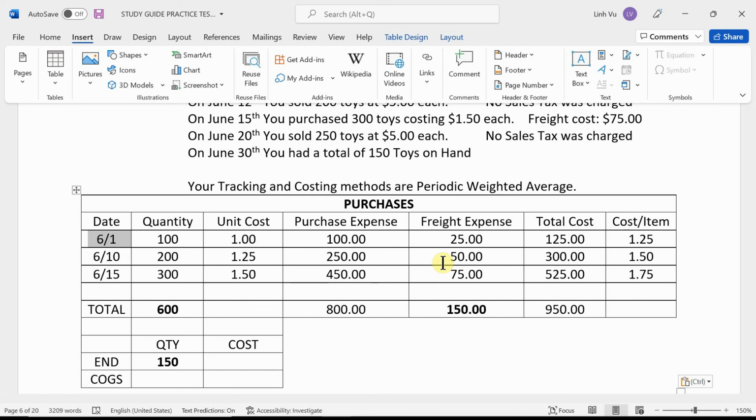The cost per item. Instead of doing a cost per item per batch, I need to find out what the average cost of all my total cost with all my total quantity of units. So in this case, what should be my grand total? So what is my average cost per item going to be?